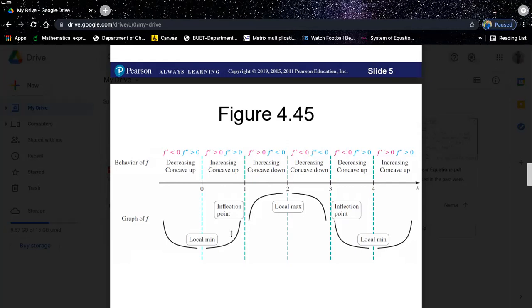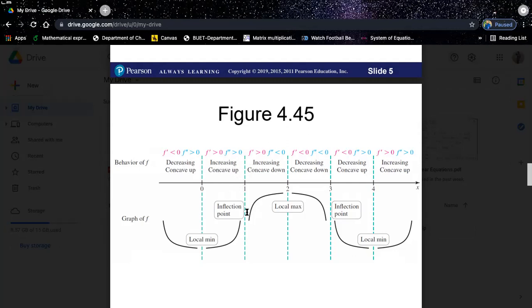Now if I say that from negative infinity to 0, our first derivative is negative, and it's concave up in that interval. Then from 0 to 1, our first derivative is increasing, and it's still concave up in that interval.